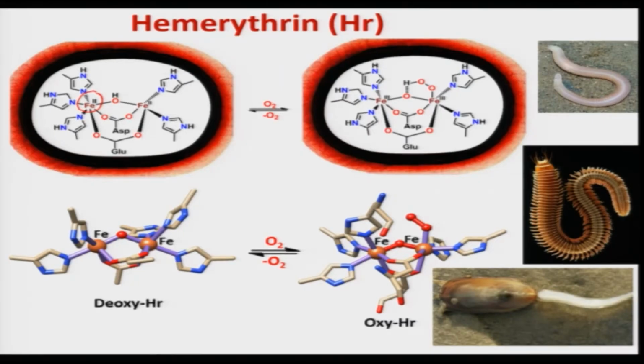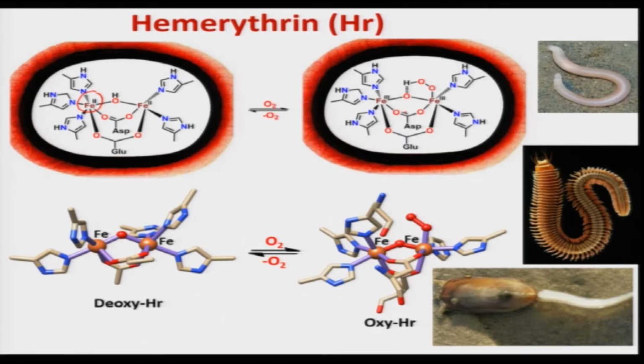This indeed happens, and as you can see in oxy-hemerythrin, the dioxygen comes and binds over there, and I will show you soon that this dioxygen converts to O2 2-, that means peroxide, and iron(II) converts to iron(III). So, the metal is getting oxidized and dioxygen is getting reduced.